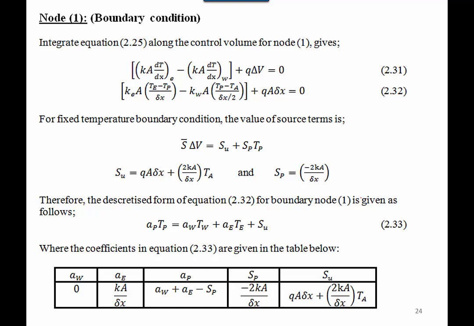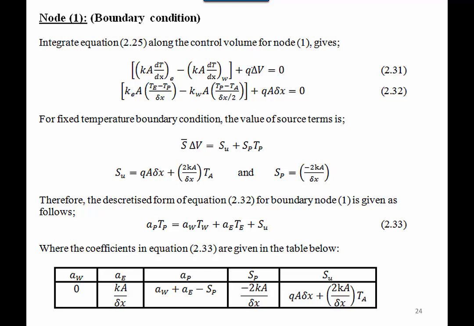And since it's a boundary condition, there is no T west, we will replace it by TA, the same as we did in example 1, and the distance is half of delta x. Therefore, we have here a new value in the differential equation.